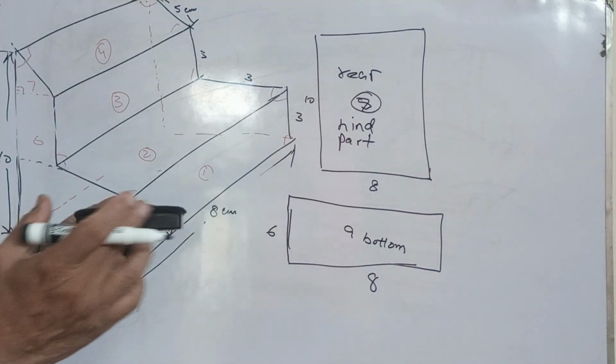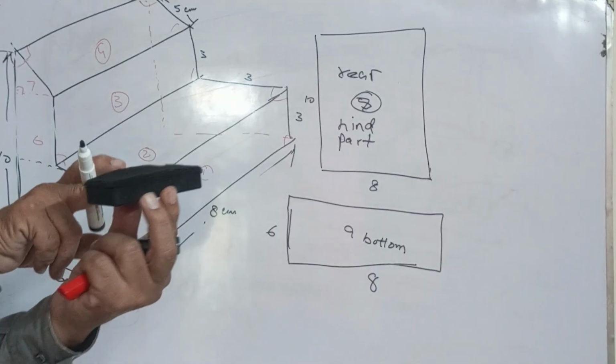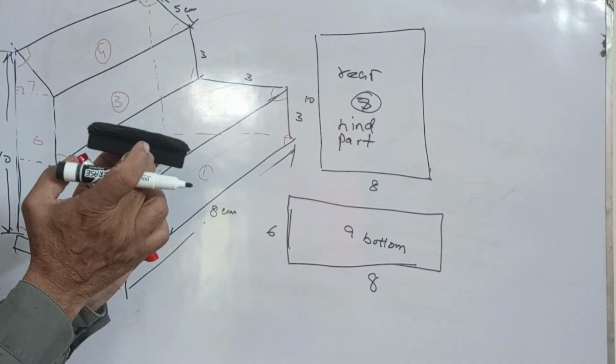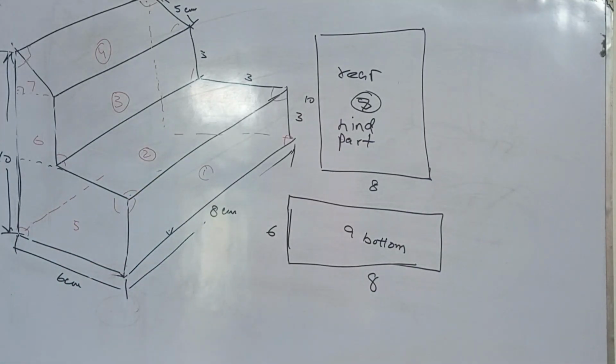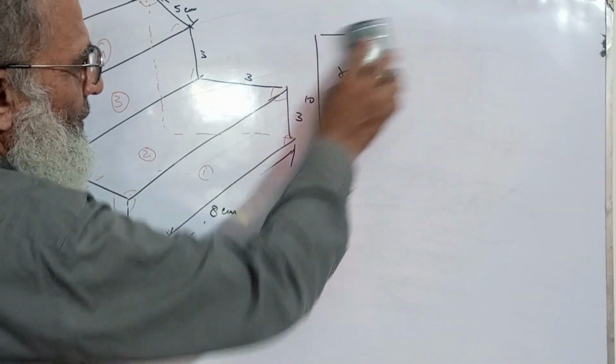Suppose if this is the figure, the hind part is this one, and this is the bottom. So I am going to erase this to get some space for writing.